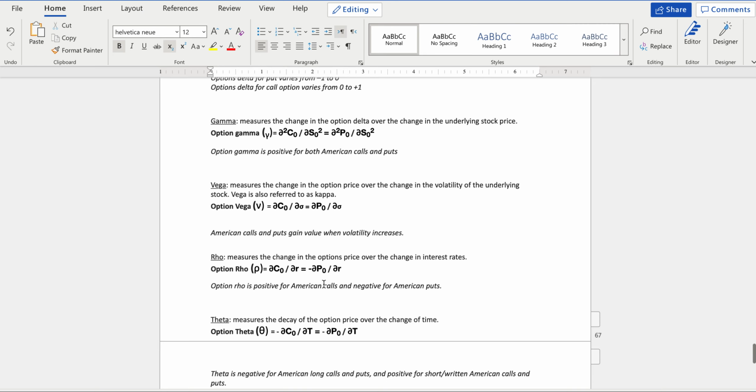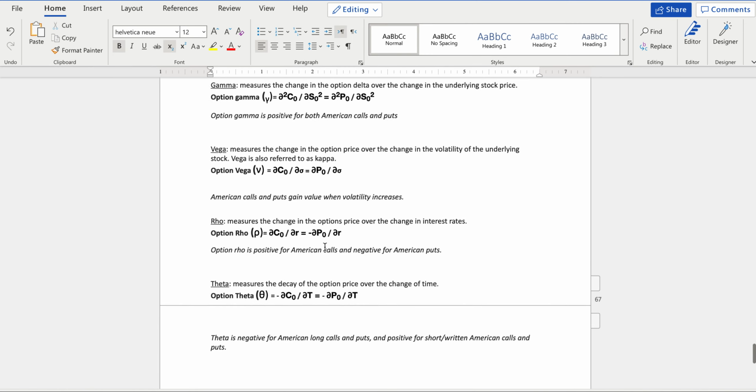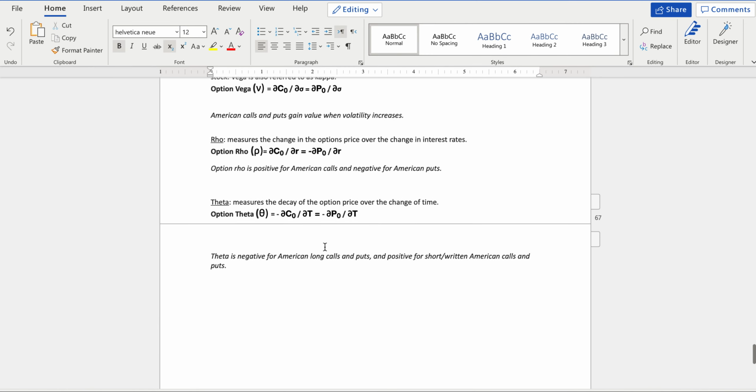The last Greek is theta. Now, what is theta? Well, from my standpoint, I would say theta is never, ever your friend when you are dealing with a long options position. What does it mean to go long?